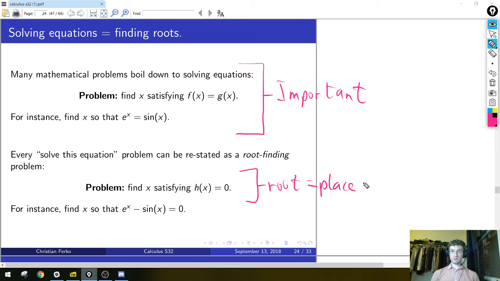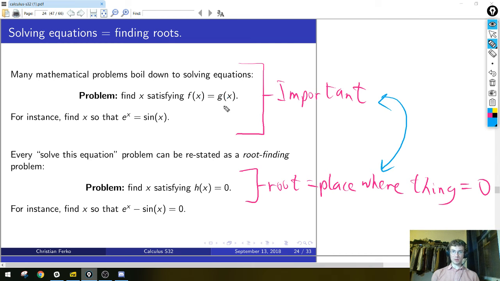So a problem of this form is asking you to find a value of the independent variable where some function equals 0. Why are these the same thing? I claim that any question of the form, find a value of x which solves an equation, is totally equivalent to some question of the form, find a root of this function, because you can simply subtract the right side from both sides, right?